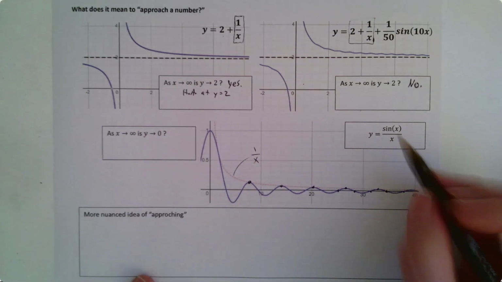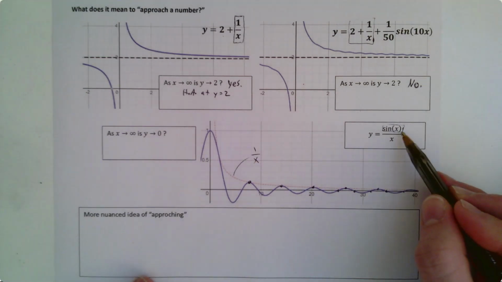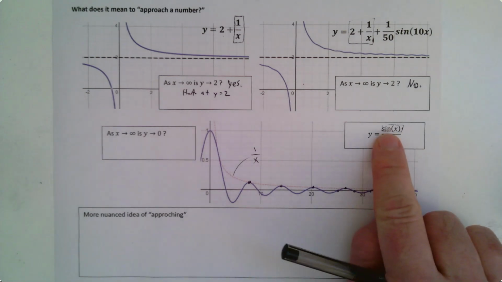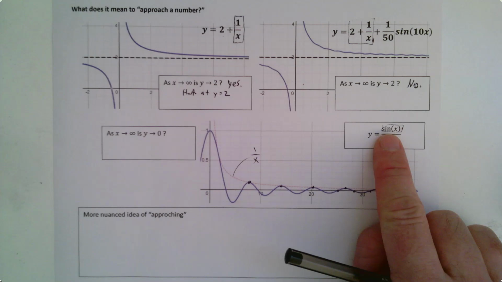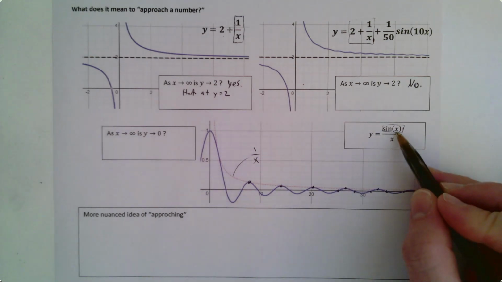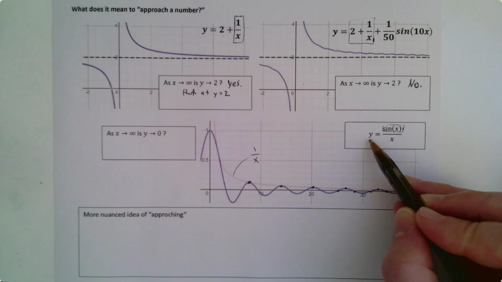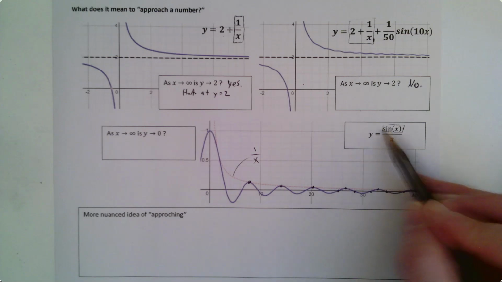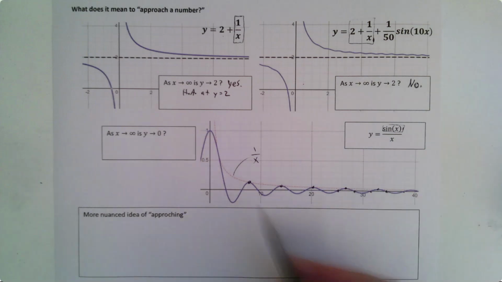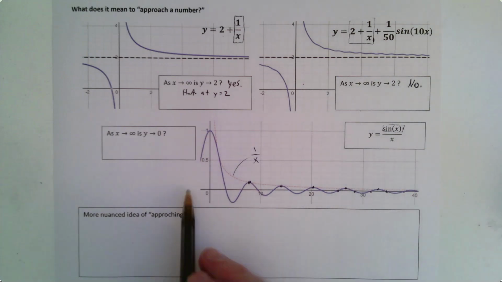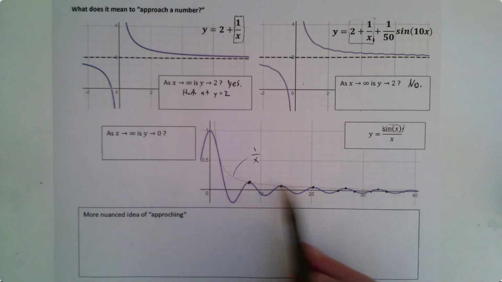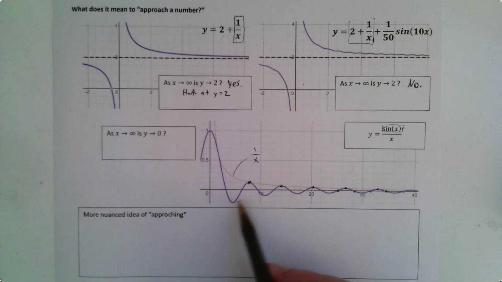And you can see that by thinking about the largest value sine could ever be. Remember, sine by itself can't be larger than 1. So that means no matter what x is, the y value can't ever be larger than 1 divided by x. And so that's why you see that as x increases, the largest y values at these peaks are still not larger than the 1 over x function.